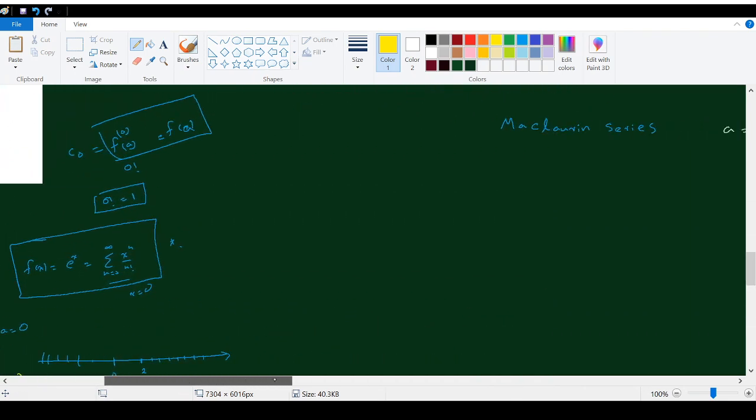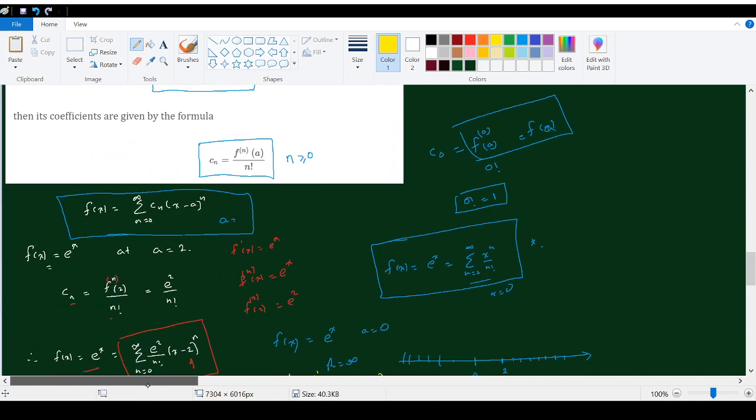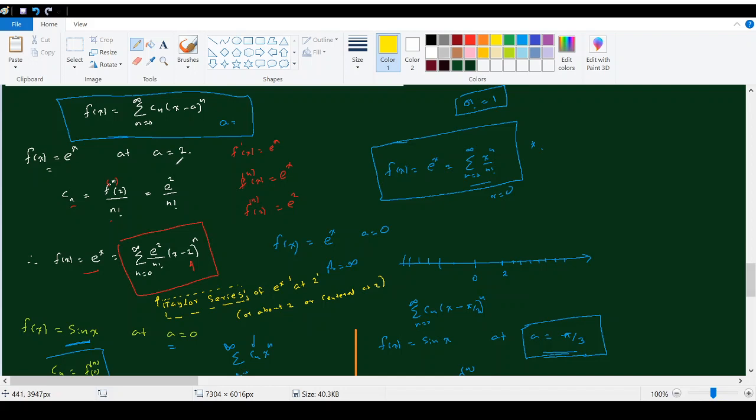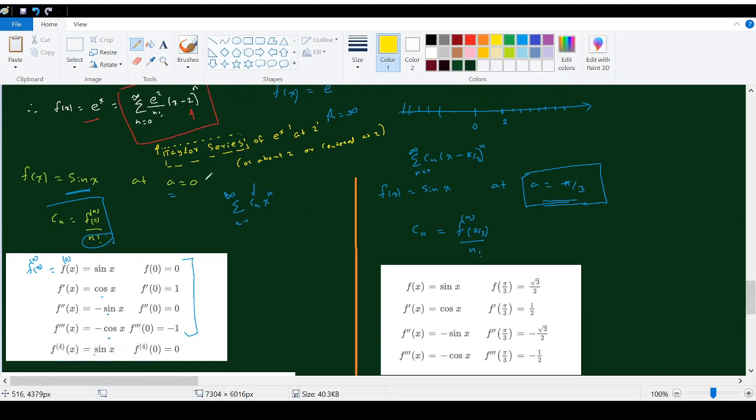And if the center is 0, there is a specific name called the Maclaurin series. So, if you have a center at 0, now this is not 0, right? But here you have a center at 0.